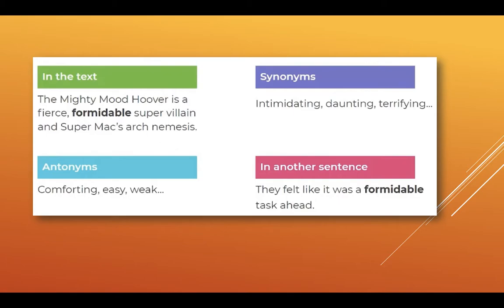And the opposite to terrifying, intimidating, daunting, the antonym, is comforting, easy, or weak. How can we put this in another sentence? They felt like it was a formidable task ahead. So formidable could mean to be very difficult as well. So a real challenge, an absolute challenge.